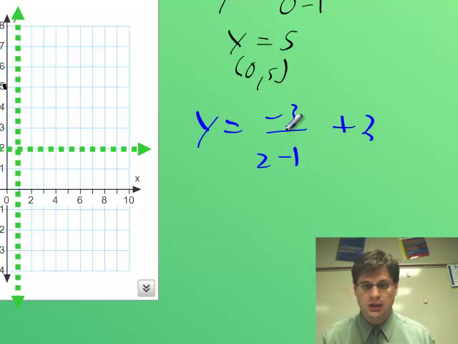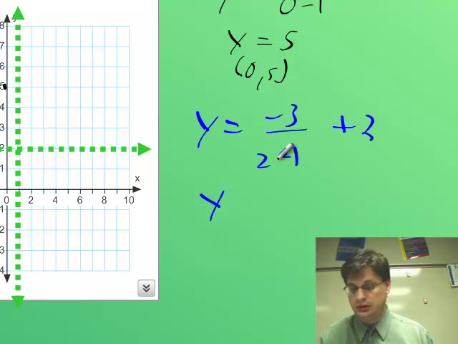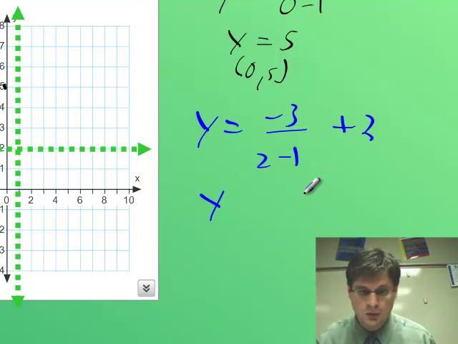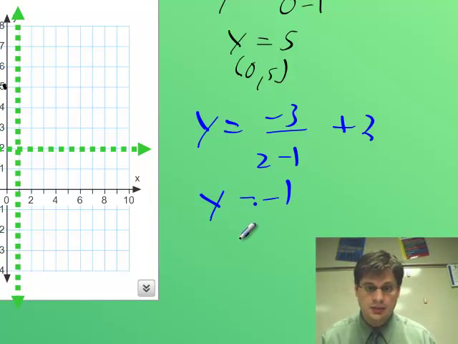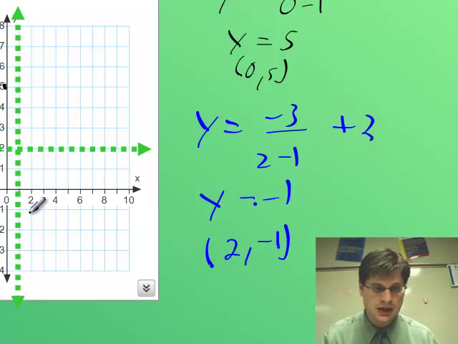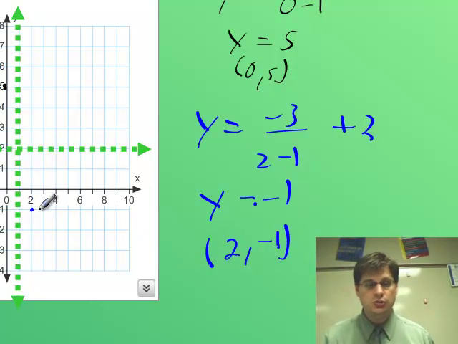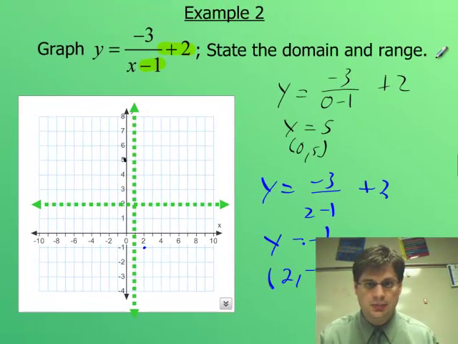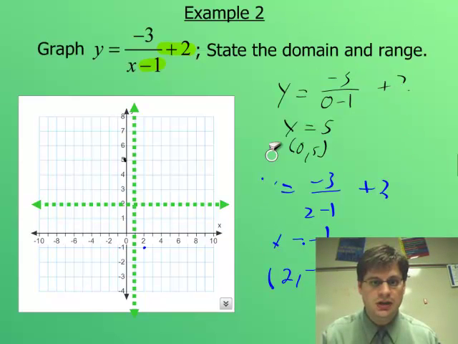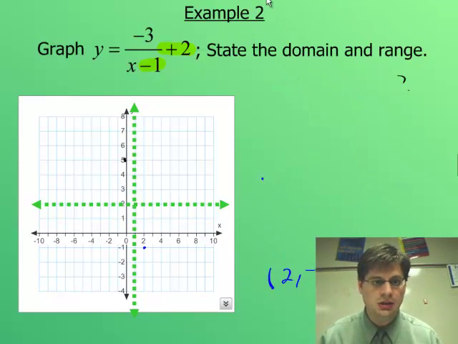This is going to give me -3 over 1, so -3 plus 2, and that's going to give me -1, so y equals -1. And so at +2, I get -1. So that's going to give me a point down here where I'd expect it. And so two points per branch is fine. You repeat that process, and once you've done that, you're going to get something that looks like this.